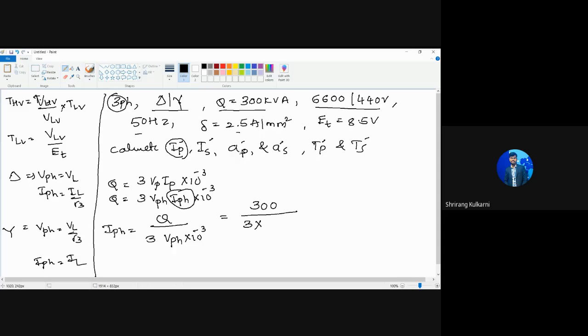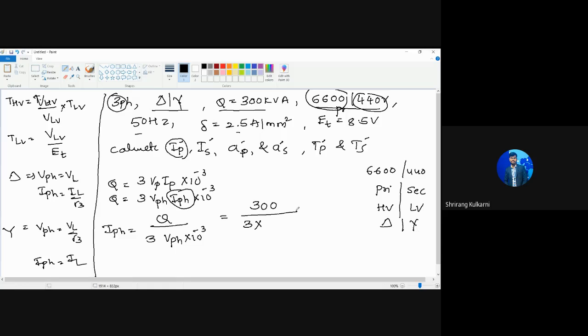VPH how much? This is the primary, this is the secondary: 6600 by 440 volt. Primary is the HV side, the delta side. Secondary is the LV side, the star side. Understand? Primary, secondary, HV, LV, delta star.